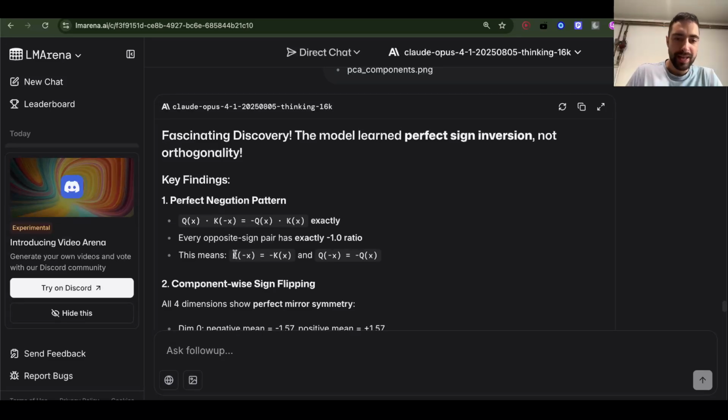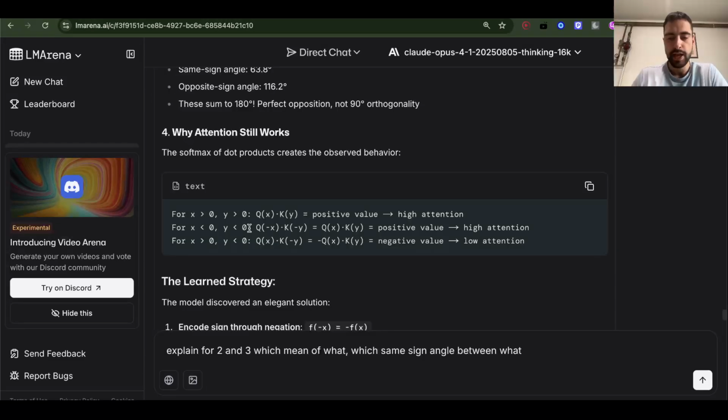So, key of minus x is equal to minus key of x, and same for query. So it is true that positives and negatives don't see each other, or don't pay attention to each other, I should say. Because if both numbers, the number for the query and the number for the key, are positive, then we get high attention. If both numbers are negative, it's the same as removing those minuses.